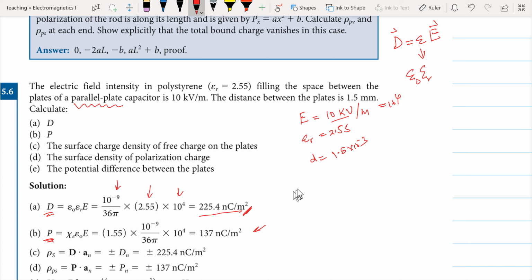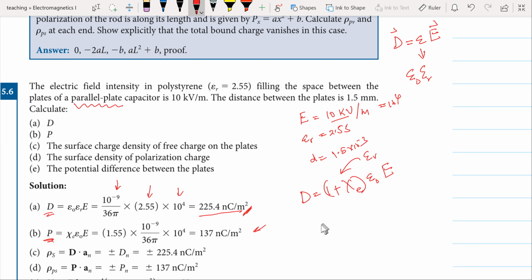Therefore, D in a polarized material is given by 1 plus chi E, times epsilon naught E, and this is what we characterized as our epsilon r.